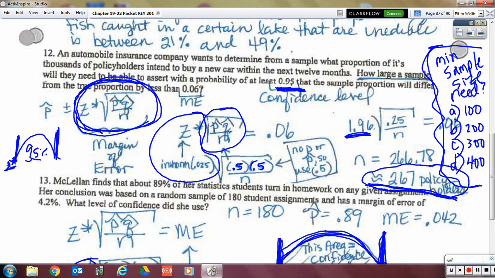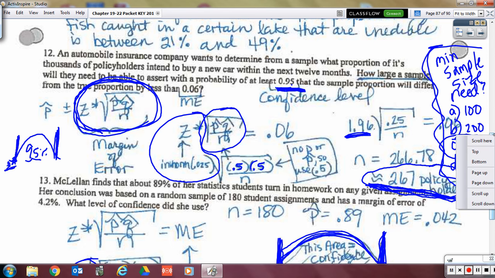No. Is B, 200? No. Is C, 300? Yes, ding, ding, ding, because I need at least 267, so 300 does the trick. Okay, 400 is bigger than that, so it's not the minimum amount needed to meet the requirements. So that's how it covers up some variation.